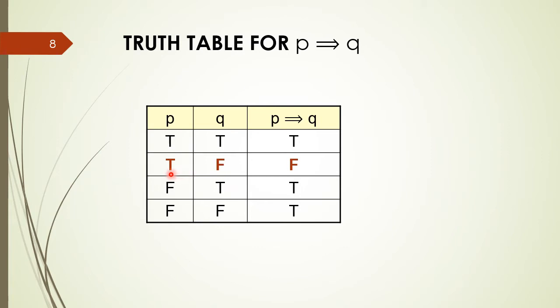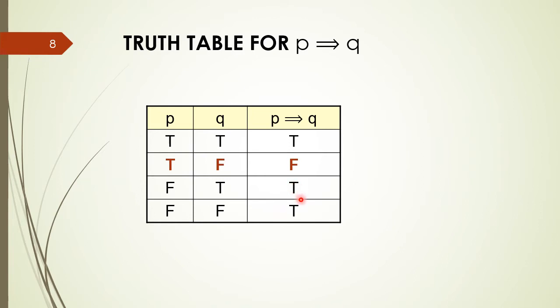And when the antecedent part's truth value is true and the truth value for the consequent part is false, this is the only condition where the truth value of the conditional statement is false. And whenever the truth value of the antecedent part is false, whatever the truth value of the consequent part, the overall truth value of the conditional statement is true.